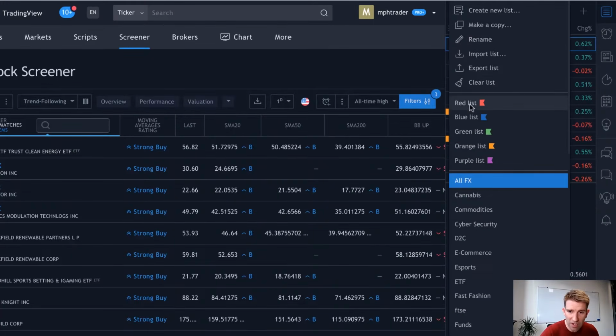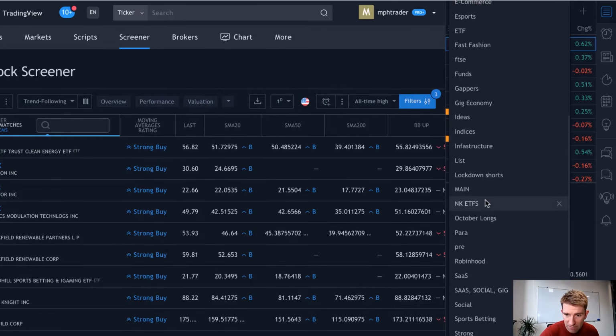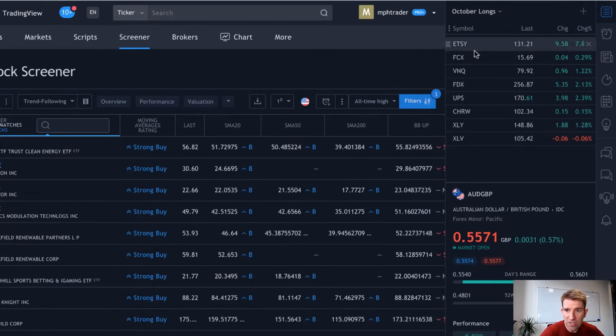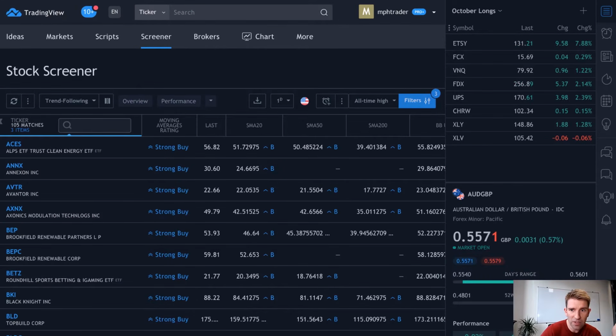Something I've done already, actually, I'll show you this, guys, is I've put October longs into something already, based on some technicals and from some seasonality of the sectors they're in. So these are some of them that I've picked out, but do your own research on this.